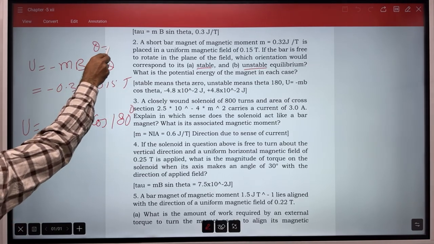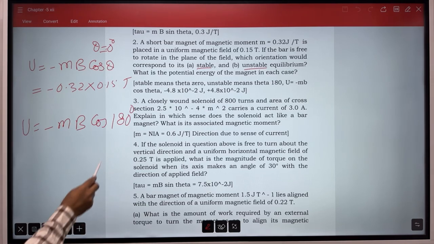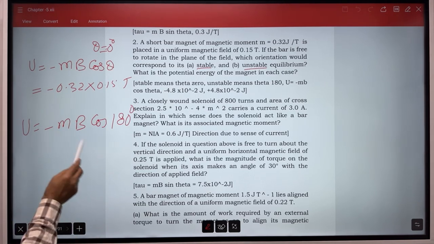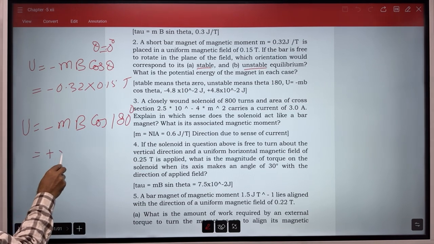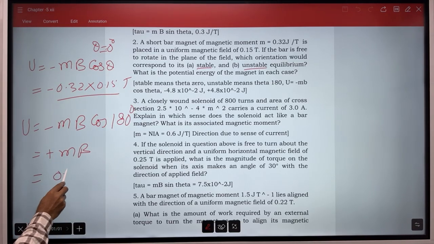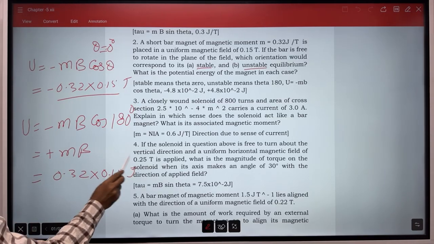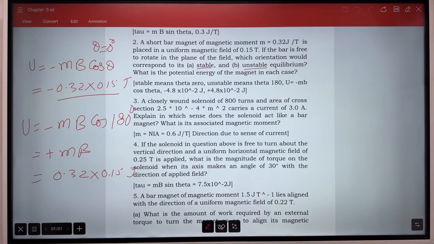Here we have taken theta equal to 0 degree and cos 0 degree is 1. Here if we write cos 180 degree, cos 180 is minus 1, so this will become plus mb. So the value will remain the same. We will get 0.32 into 0.15 joule. You can multiply to get the result.